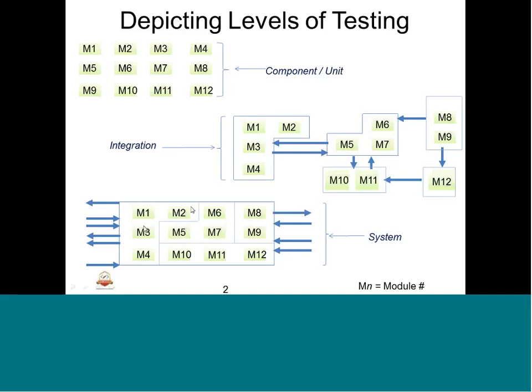And in system testing, all blocks should be up and running on the target, and that target will be provided with several inputs, and the expected results will be checked against the output values. All three levels of testing are necessary. Why? Because we may not be able to test everything with system testing. We may not be able to test everything with integration testing. We may not be able to test everything with the individual units. That is not enough. So putting all this together, we can say system testing is complete.